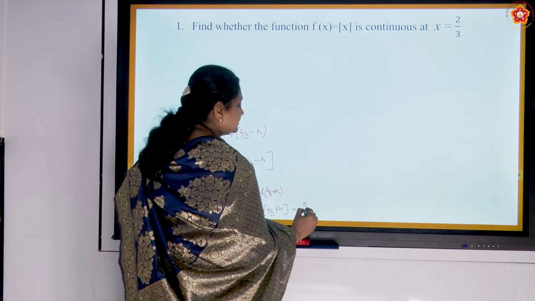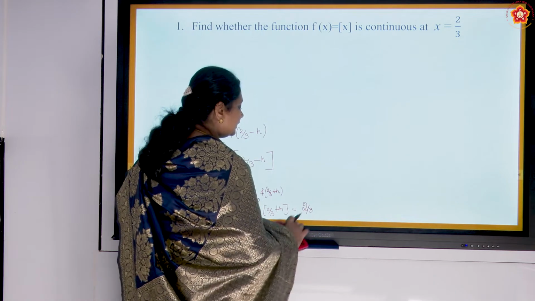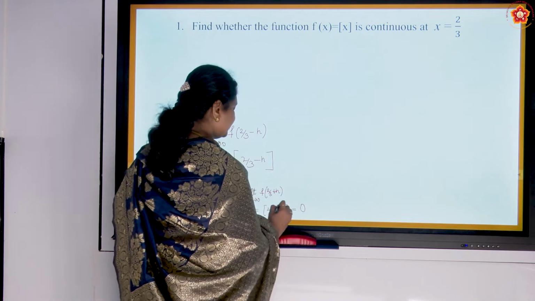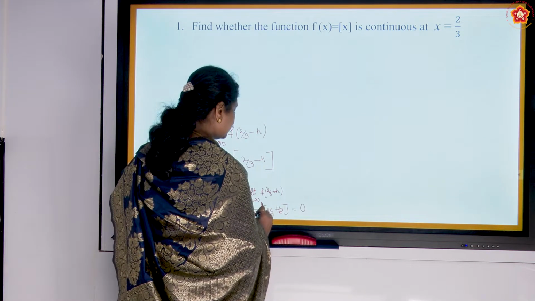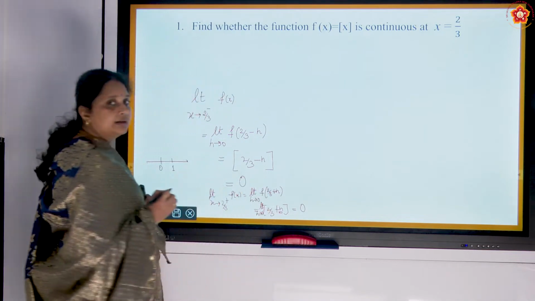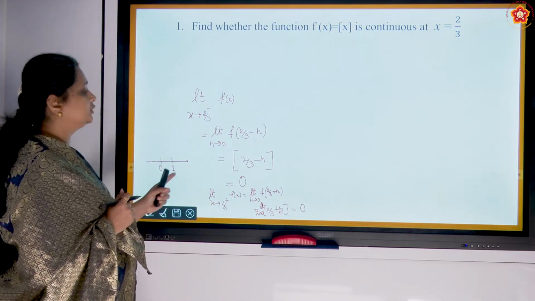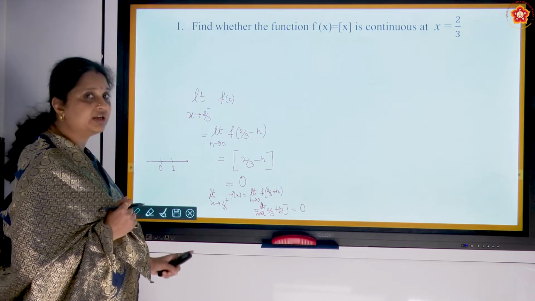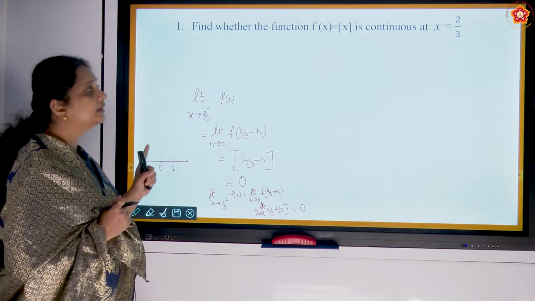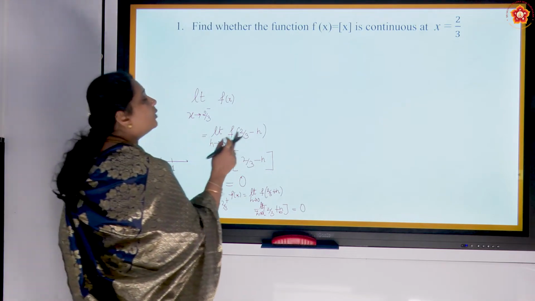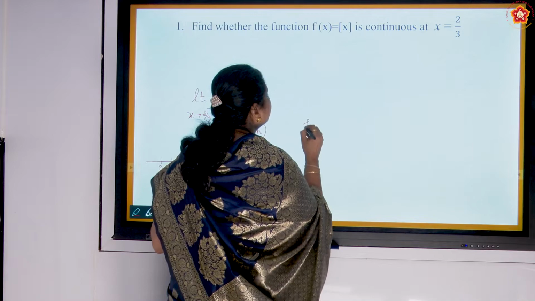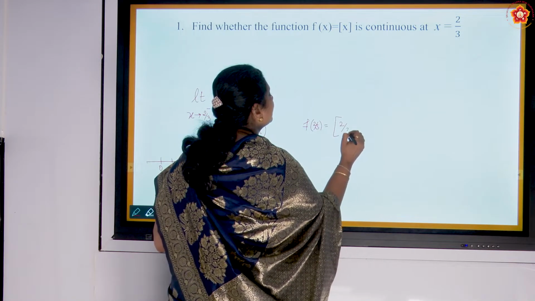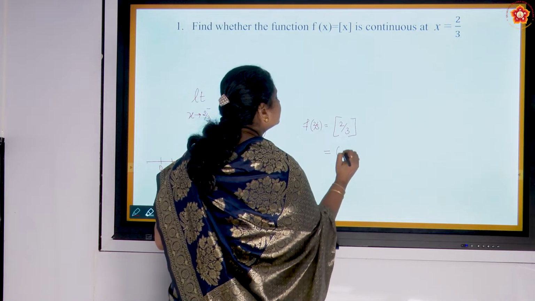Again, the greatest integer value that it can take is going to be 0, because when we apply the limit of h is equal to 0, you get the greatest integer value of 2 by 3, that is going to be 0 again. Since the left hand limit is equal to the right hand limit, we can conclude that the limit exists. So let's now observe the function value at 2 by 3. So f of 2 by 3 is going to be the greatest integer value of 2 by 3. So that is again 0.